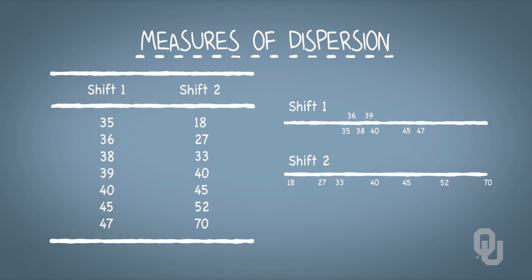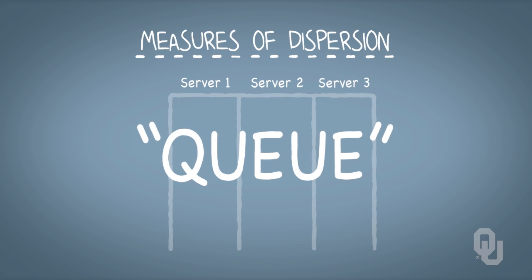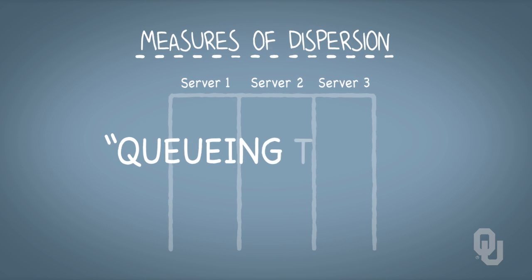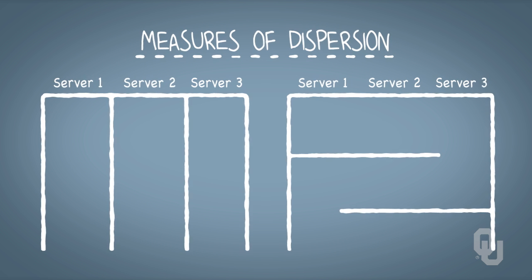Another example that affects us all, waiting in line. The fancy word for a line is a queue, and the mathematical study of lines is called queuing theory. Very exciting stuff. Most service counters, say at a bank or a fast food restaurant, have one of 2 kinds of queue designs.